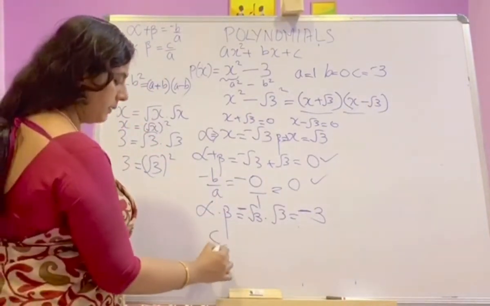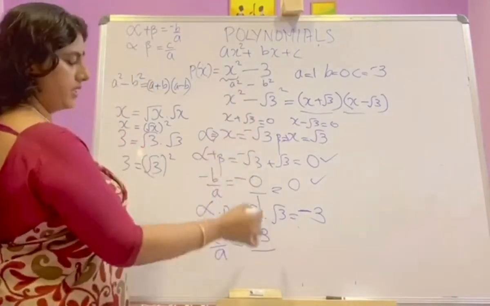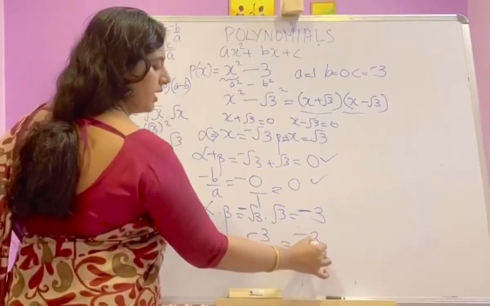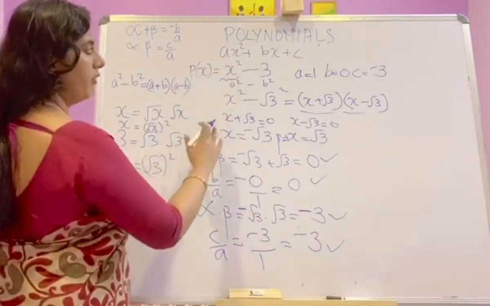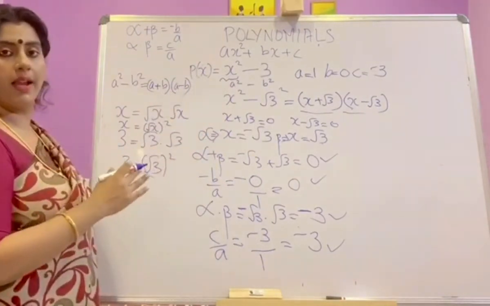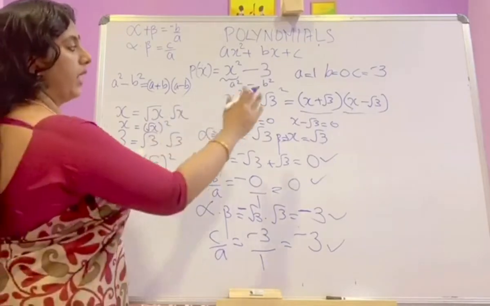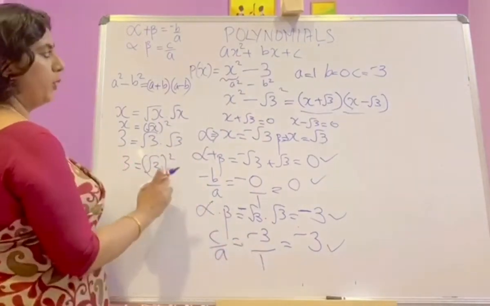Let us check c by a. c here is negative 3, by a is 1, which is equal to negative 3. Hence, verified. So in these types of polynomials, you want to rewrite it in a square minus b square form. Then you can expand a plus b into a minus b. We will do one more problem like this.